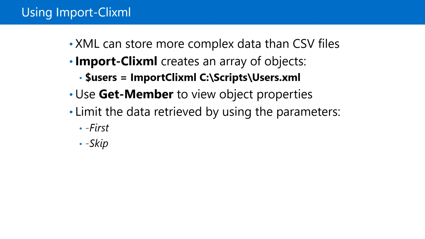And using the -Skip parameter, we can specify any number of objects that we want to ignore in the XML file.